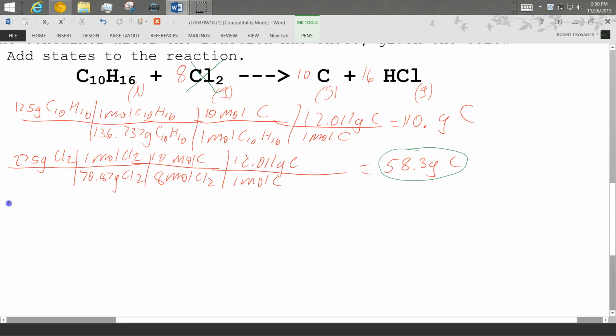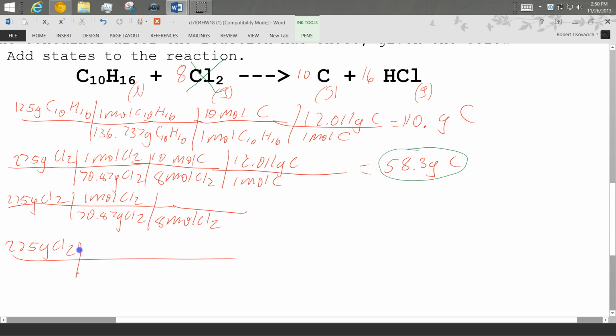So I've got 275 grams of chlorine, 70.87 grams of chlorine per 1 mole of chlorine, 8 moles of chlorine.